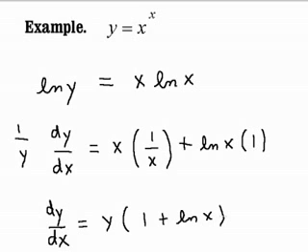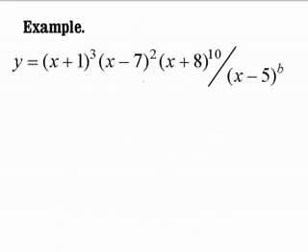The first times the derivative of the second plus the second times the derivative of the first. We then multiply both sides by y, and we get the formula for dy dx. dy dx equals y times the quantity, 1 plus the natural log of x.